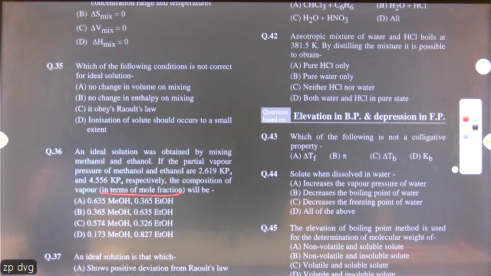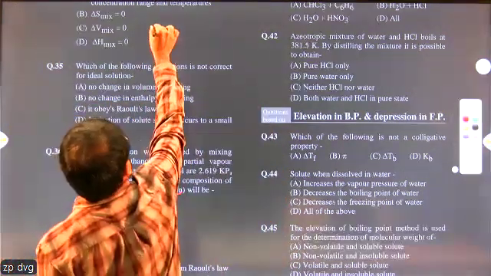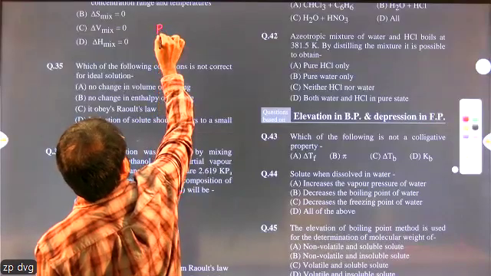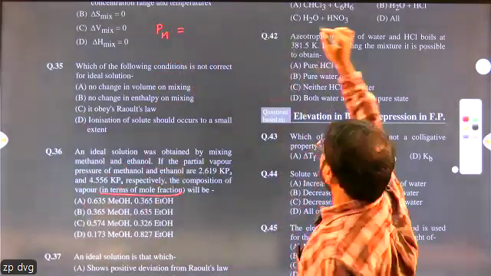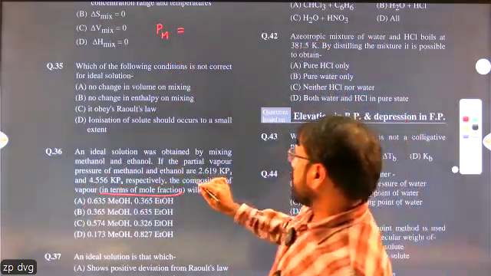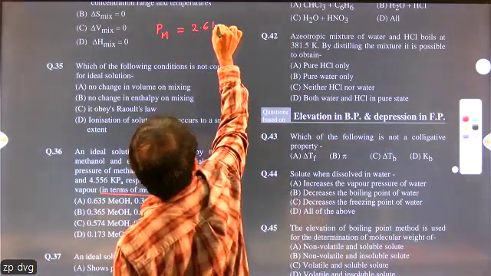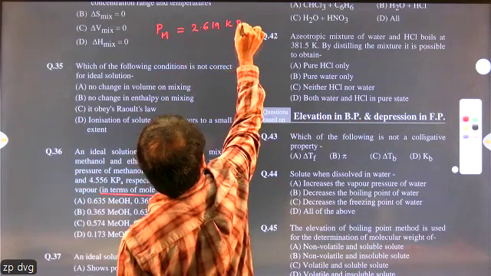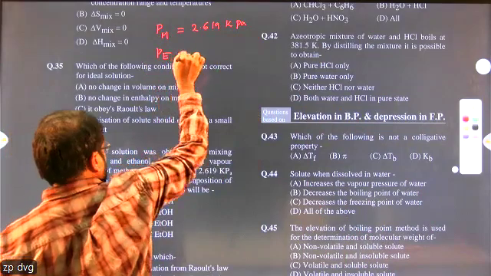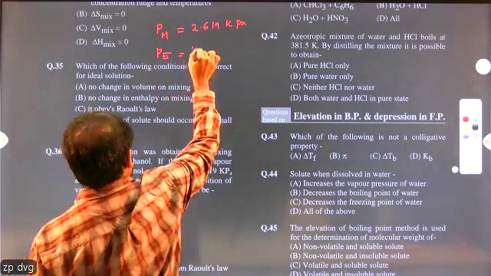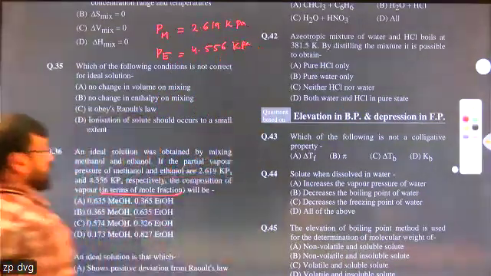Partial pressure of methanol is 2.619 kilopascals. Partial pressure of ethanol is 4.556 kilopascals, as given in the question.